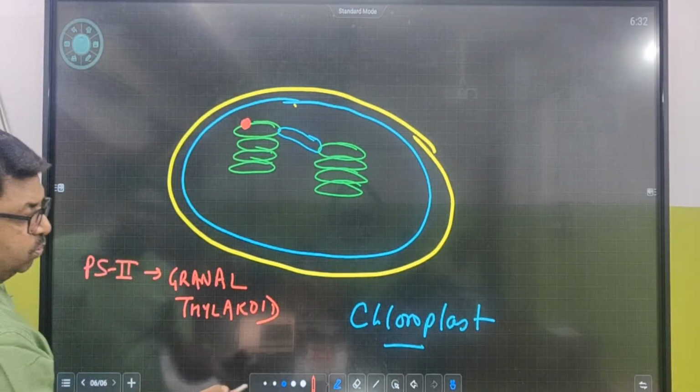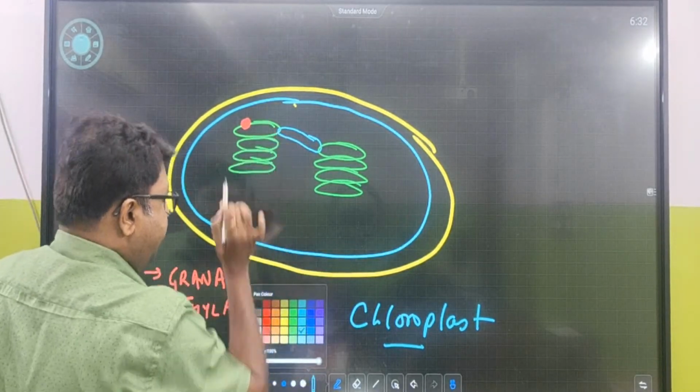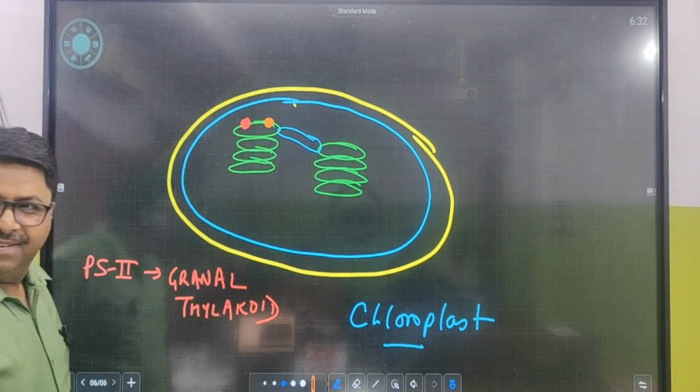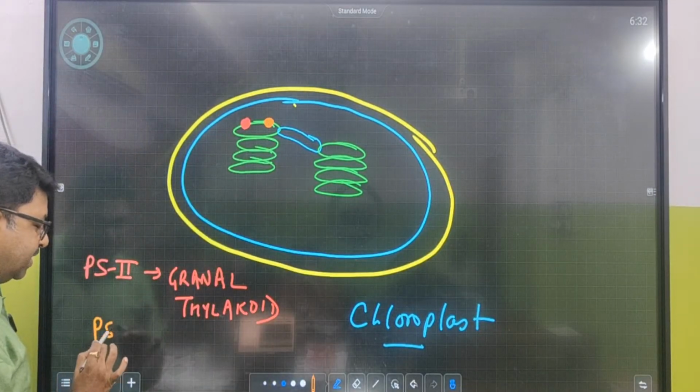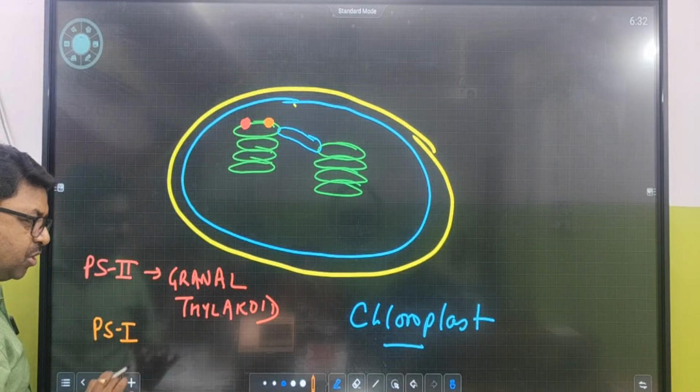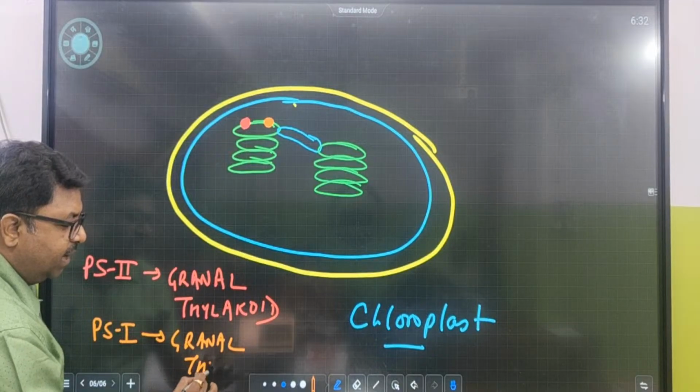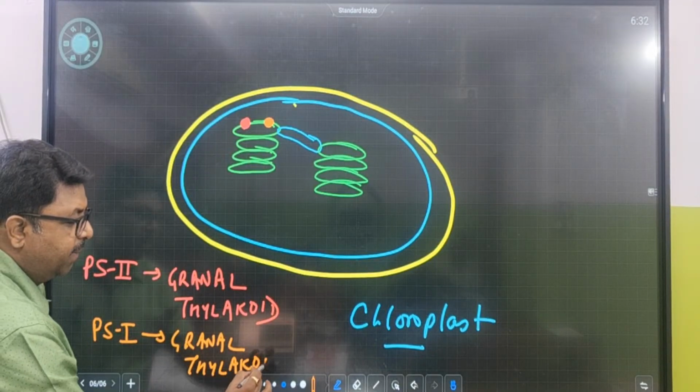What is the location of PS1? The location of PS1 is present over here. This is PS1. What is the location of it? They are again present in the granal thylakoid.